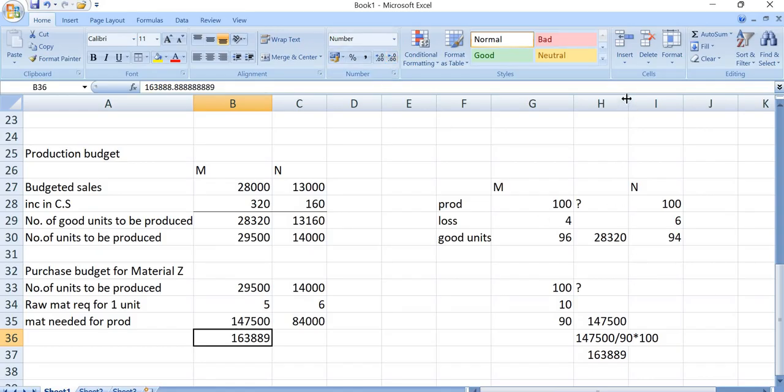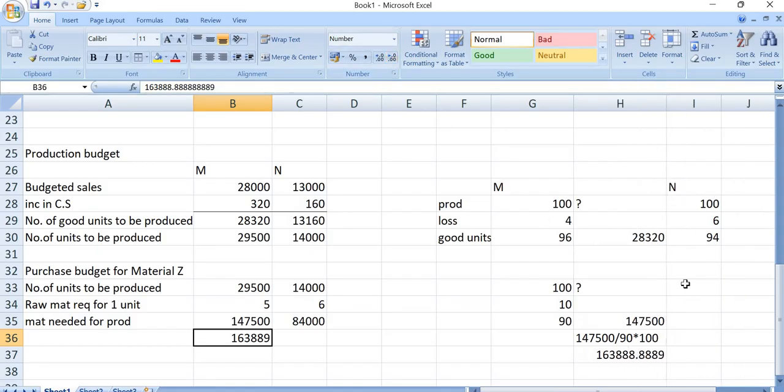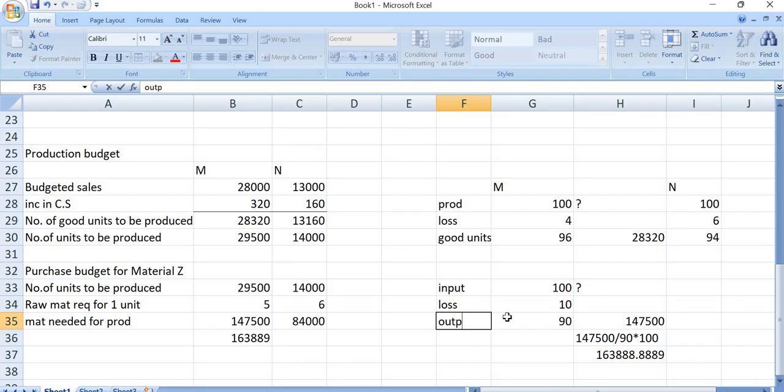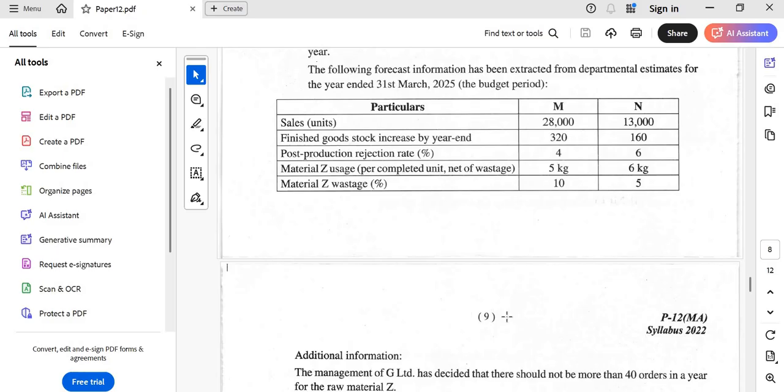So same way for N. So N is also I need to calculate. So this is my input. Here it is loss. So my output will be for 90 percentage only. So for 1,47,500 kgs of requirements, I need to put 1,63,889 kgs of input. So I need to purchase 1,63,889 kgs. So for N, same way I have to calculate. So for N, the waste percentage is 5%.